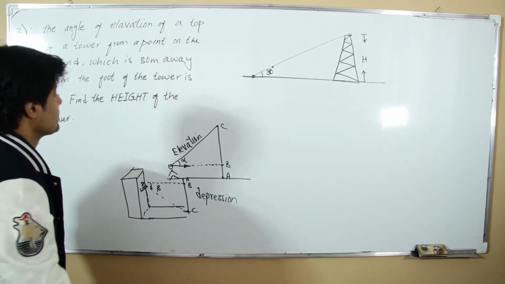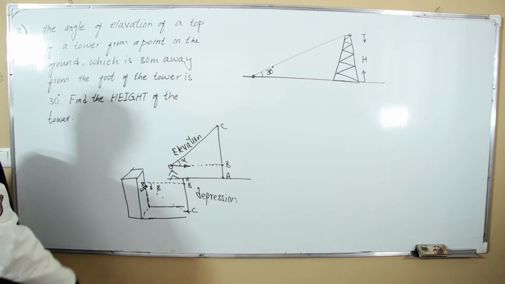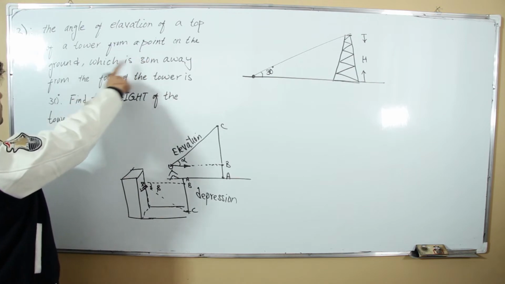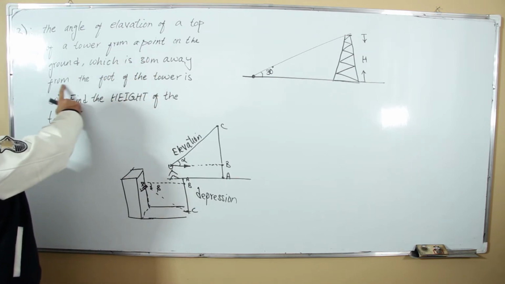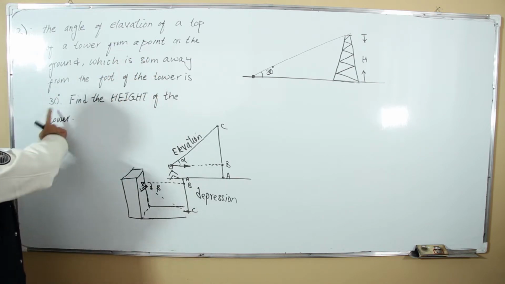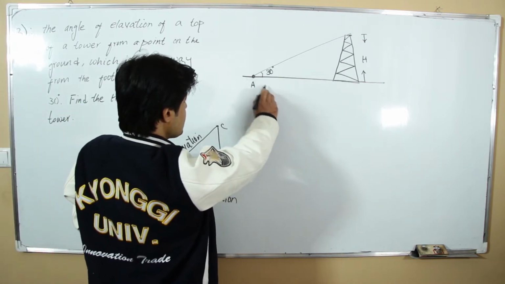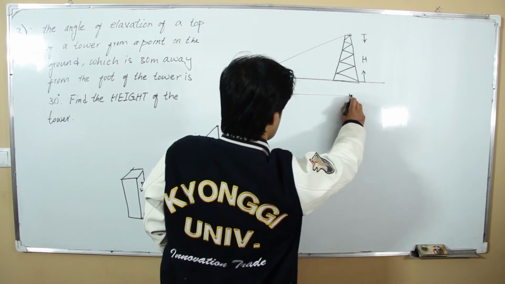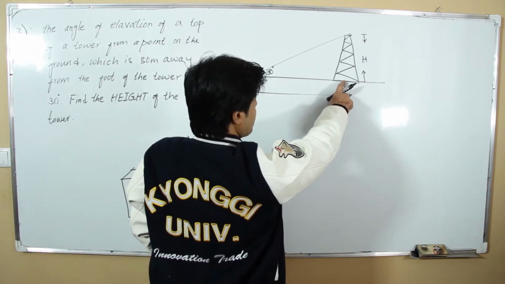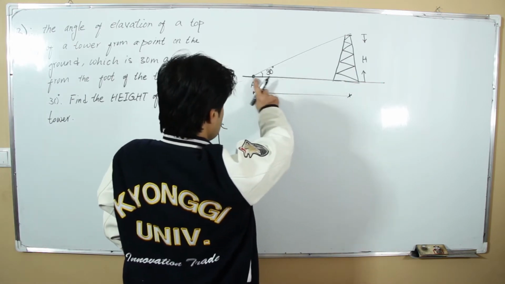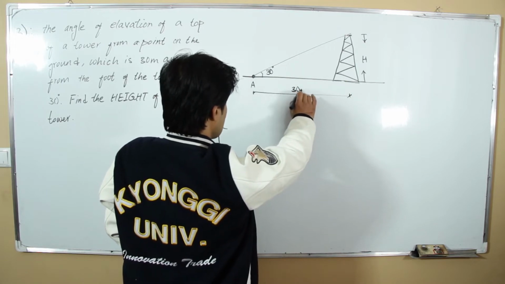Am I right? Yes. Now, this point, which is A, is 30 meters away from the foot of the tower. This is the foot. From the foot, this one is 30 meters away.